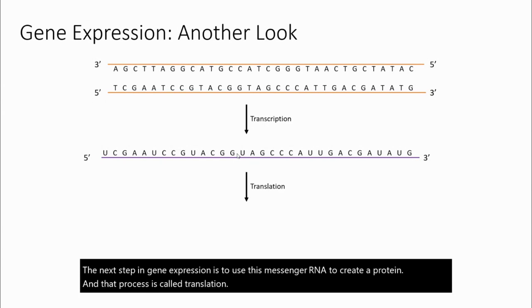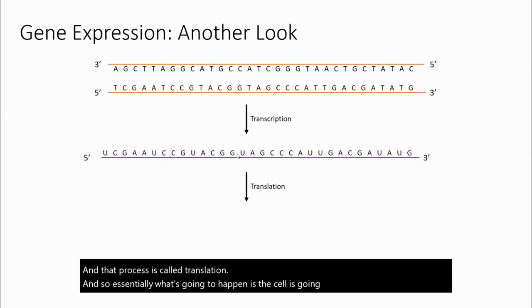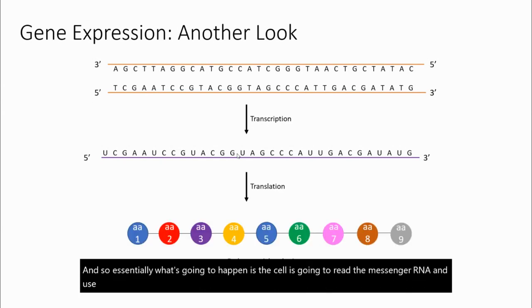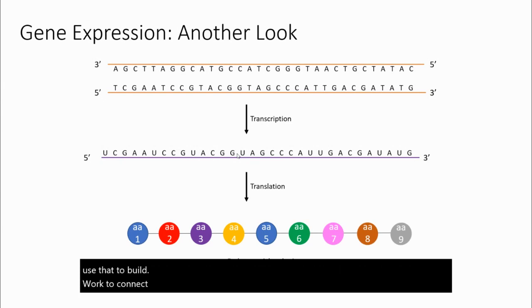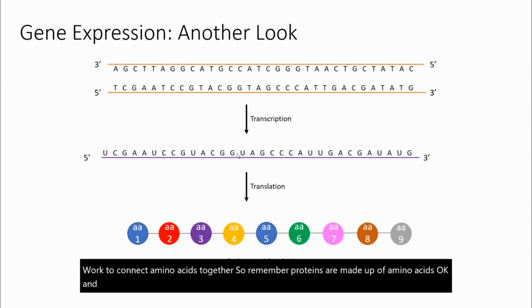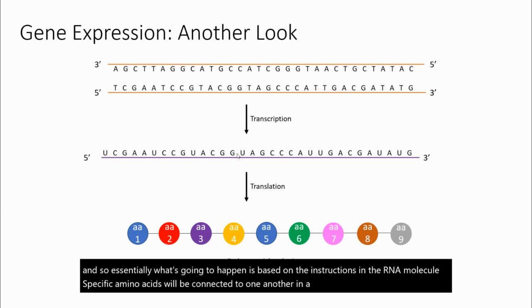Essentially what's going to happen is the cell is going to read the messenger RNA and use that to build or to connect amino acids together. So remember, proteins are made up of amino acids, okay? Based on the instructions in the RNA molecule, specific amino acids will be connected to one another in a certain sequence, okay?